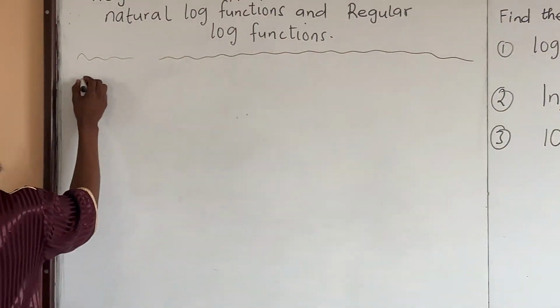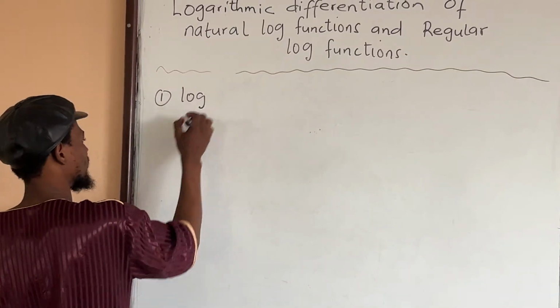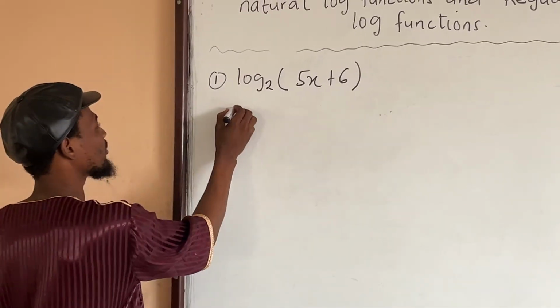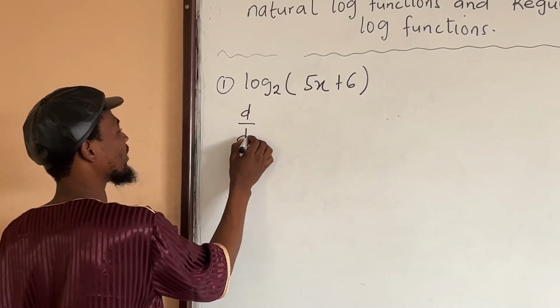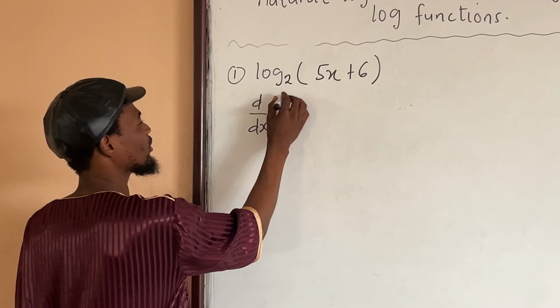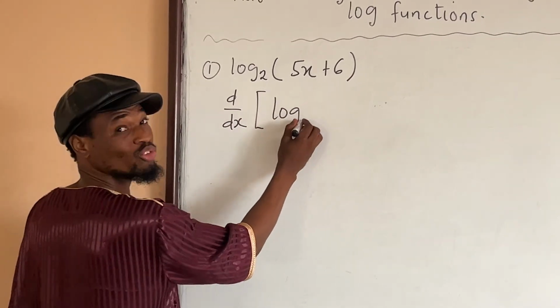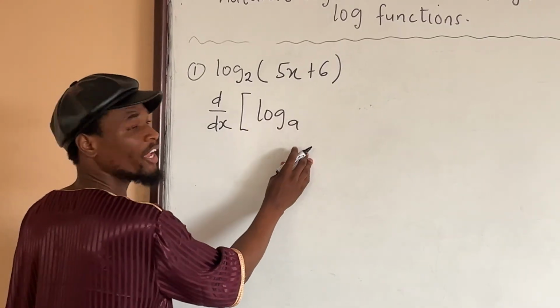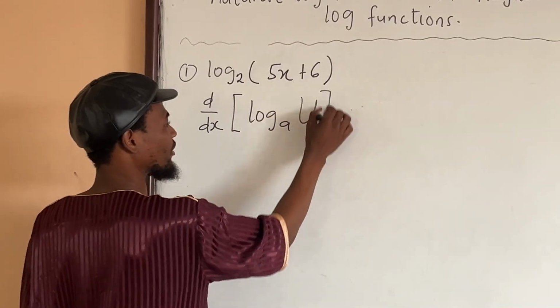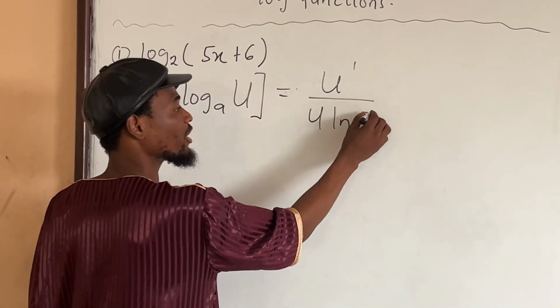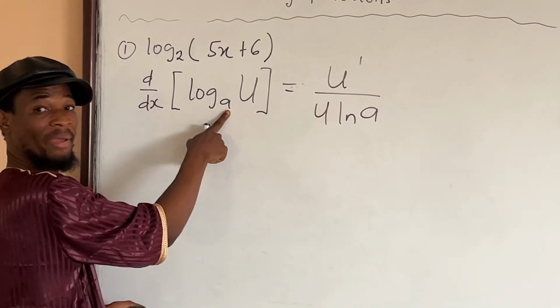So we have log to the base 2. When you want to take the derivative with respect to x of any logarithm function with respect to a certain base a, then you have u as a function, u, then the natural log of a, where a is your base.